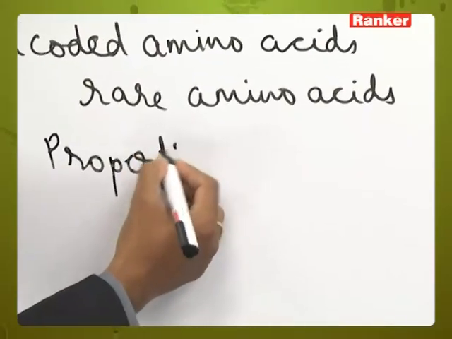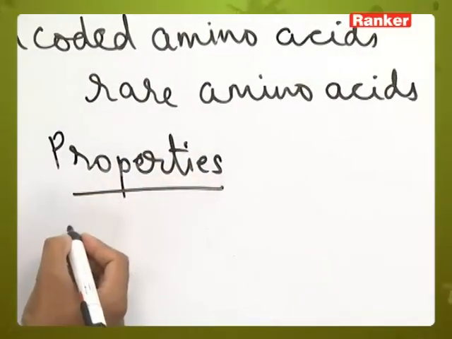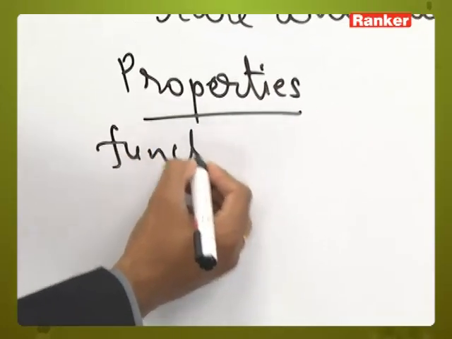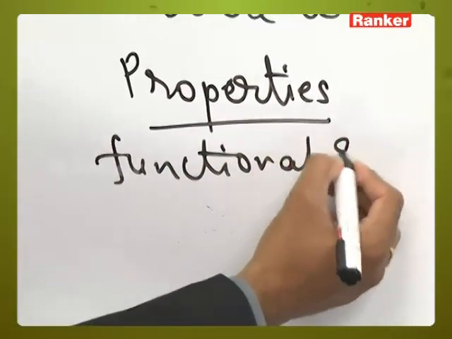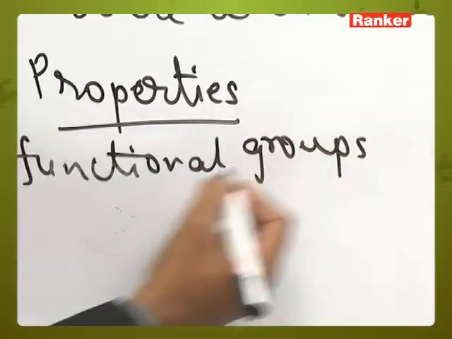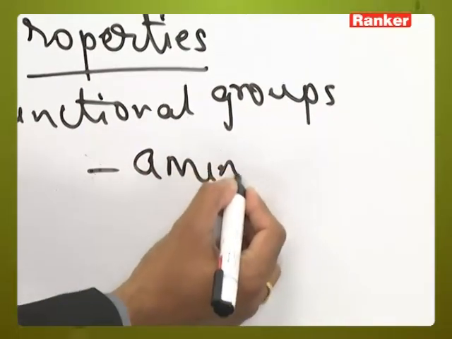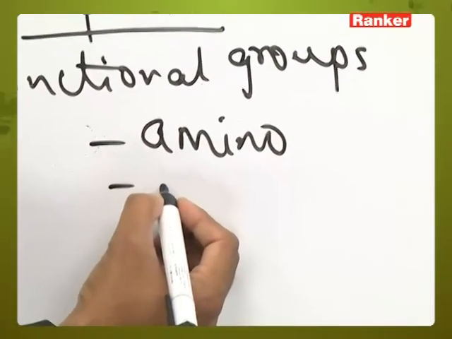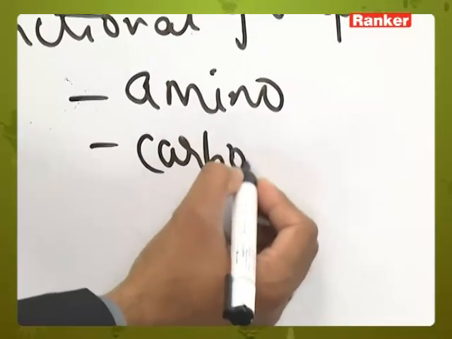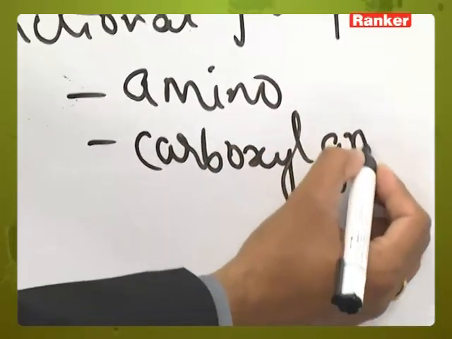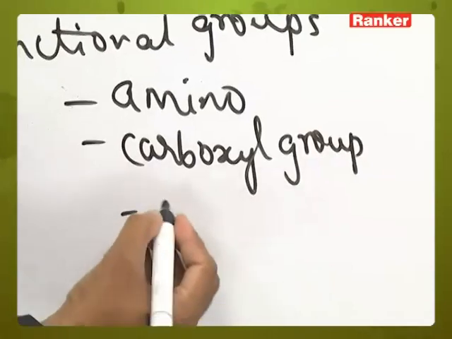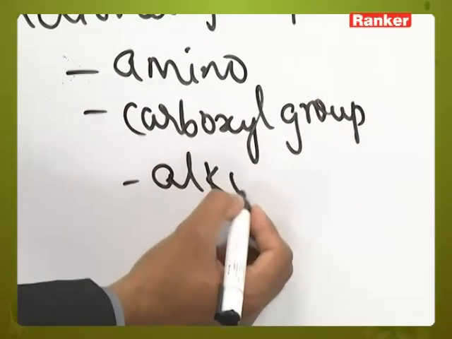All the properties of amino acids depend upon the functional groups. As we have discussed, they contain 3 functional groups: one is the amino group, the second is the carboxyl group, and the next one is the alkyl group.